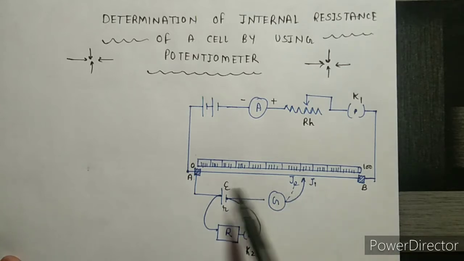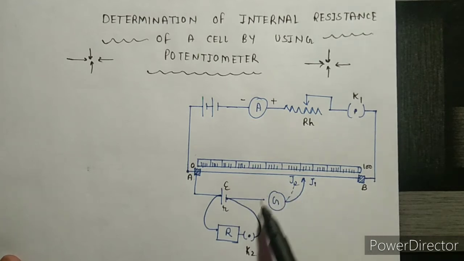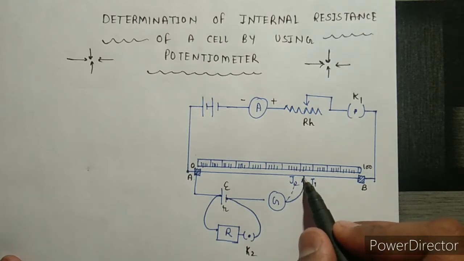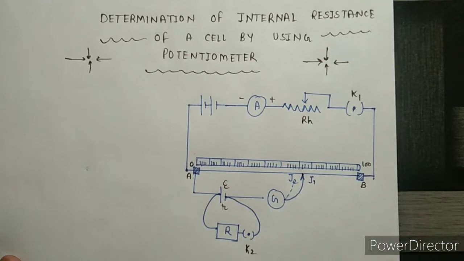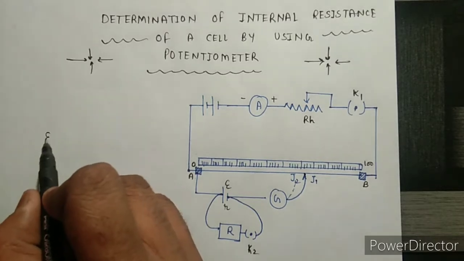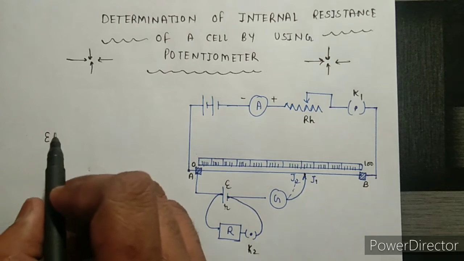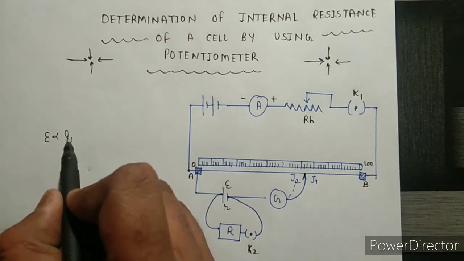In this situation we connect the jockey to that wire and find the point at which the galvanometer shows no deflection. Suppose this point is J1 and the length is L1. According to the principle of potentiometer, the EMF of the cell is directly proportional to that length.